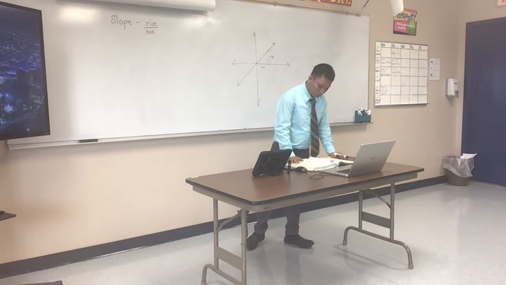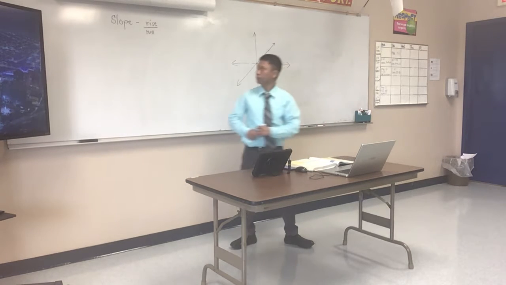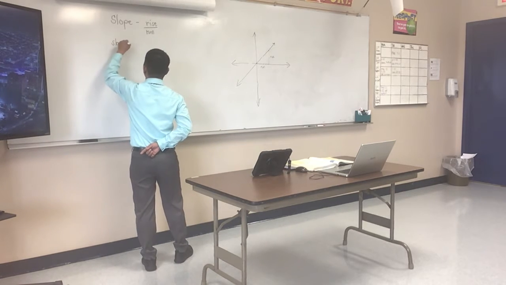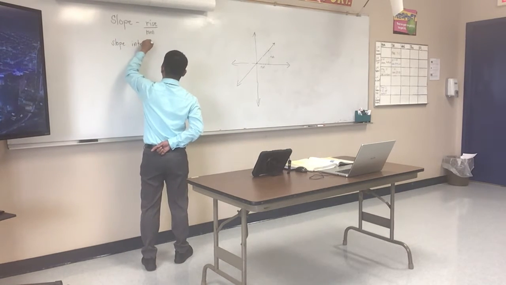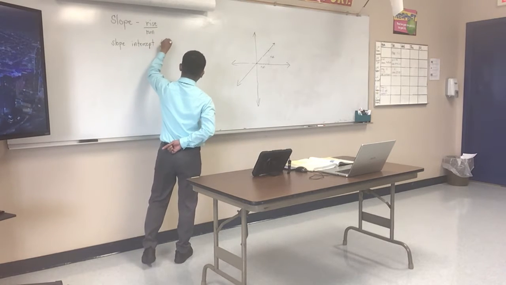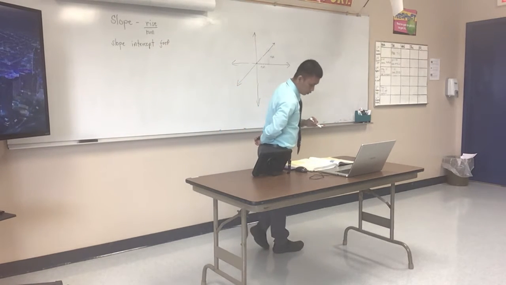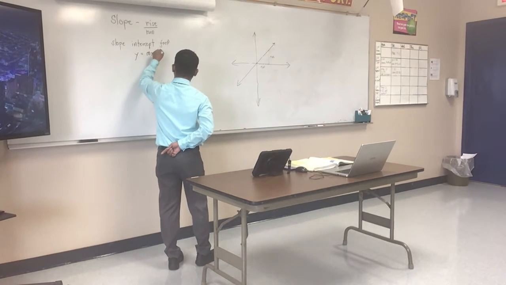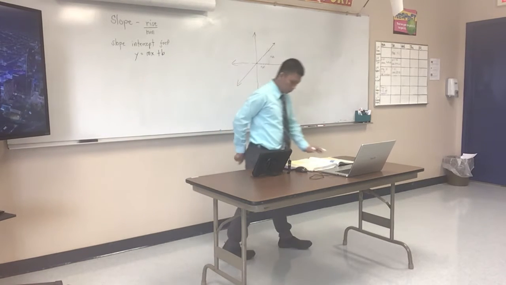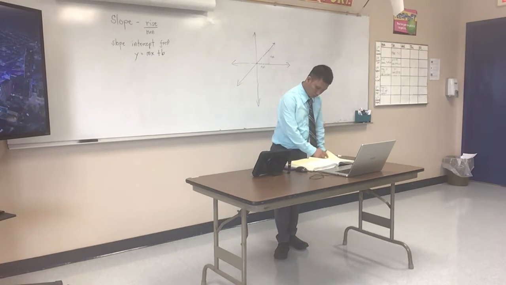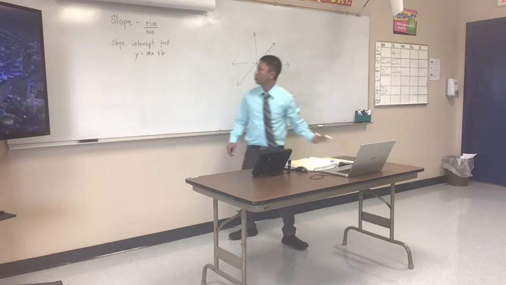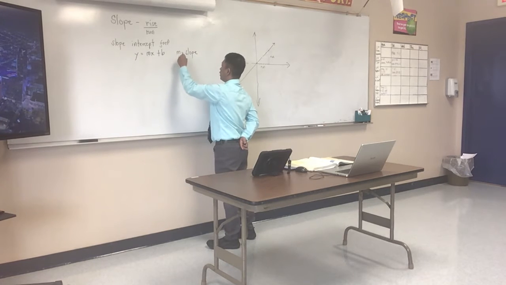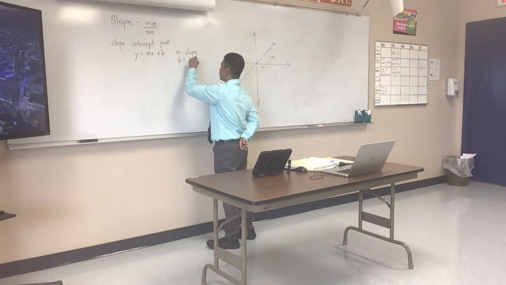Okay, so when we are talking about slope, we have here the slope-intercept form. The slope-intercept form is, we have here the formula y equals mx plus b, where m is our slope and b is our y-intercept.